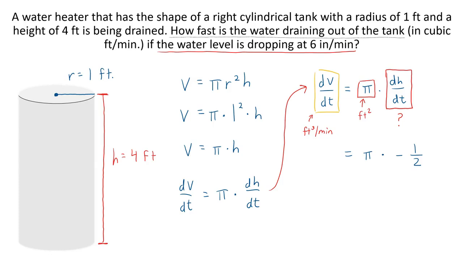If it were rising, the 1/2 would be positive because it would be increasing. But in this case, the water level is dropping. So we have a minus 1/2 because the water level is dropping at 1/2 foot per minute. So that means that dV over dt is equal to negative pi over 2. And our units are cubic feet per minute.